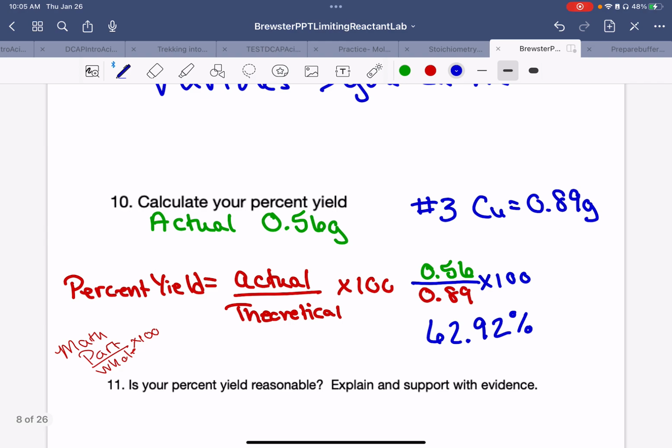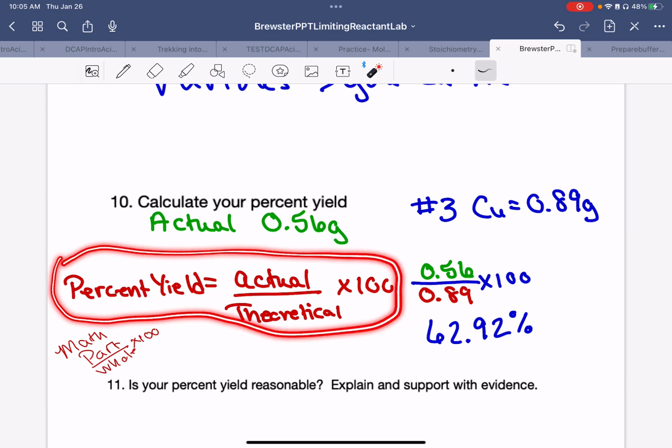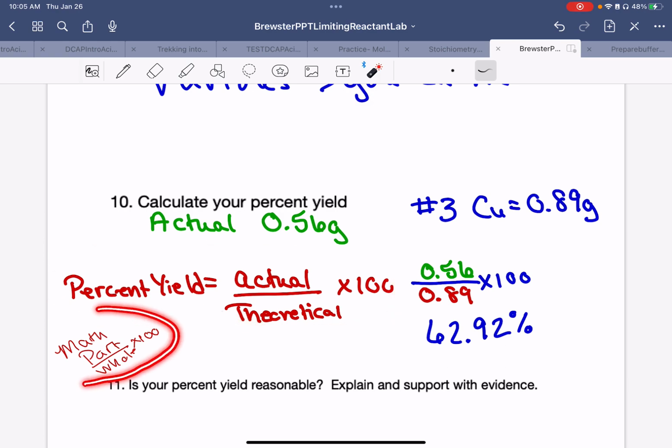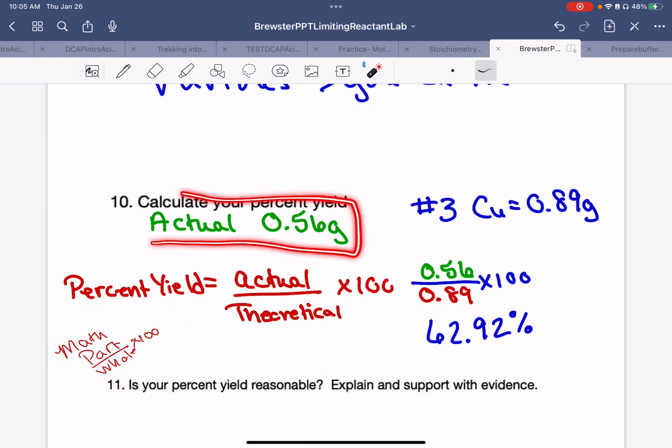Calculate percent yield. We have a formula, the percent yield formula, which is actual over theoretical times 100%. It is also mathematically part over whole times 100. Our actual is what we measured at the end after we did our weighing paper. For me, I got 0.56 grams.